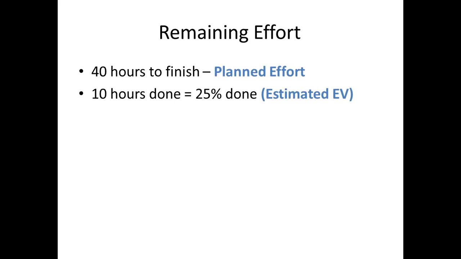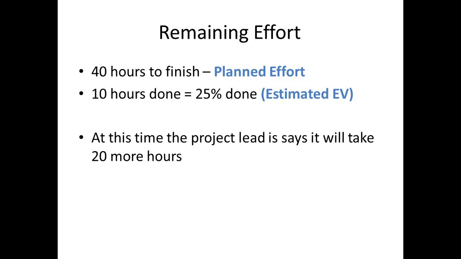So let's take a look at how that works out. If you have 40 hours to finish, that's your planned effort, and you have 10 hours done, that means you're 10 hours into the project, you're 25% done, which is your estimated earned value. And this is only for hours. We're not putting dollar amounts here.